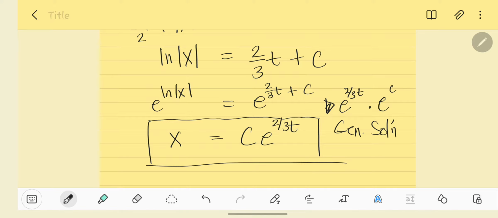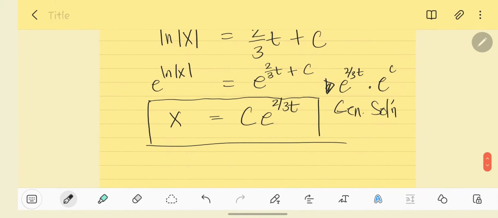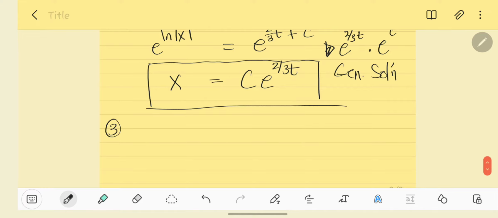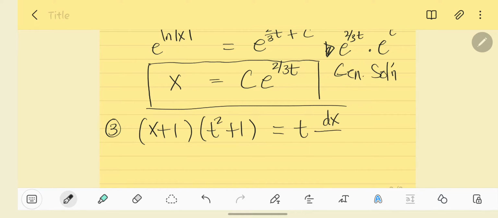Another example, the third example, is x plus 1 times t squared plus 1 is equal to t dx over dt.